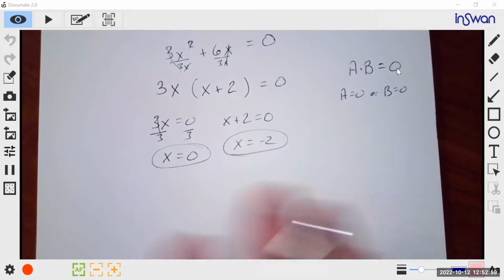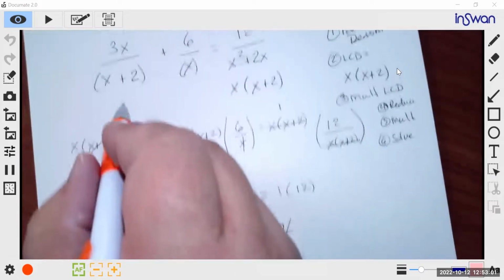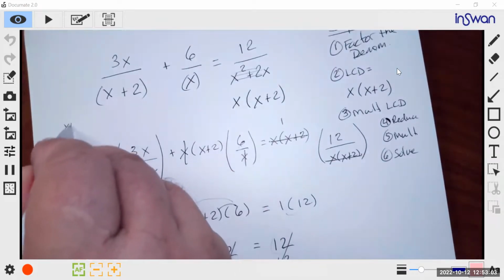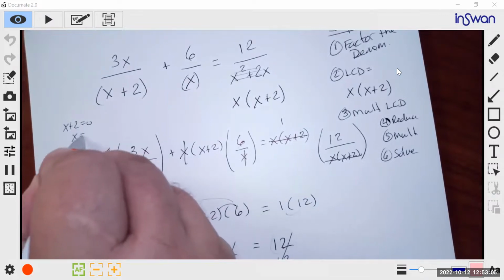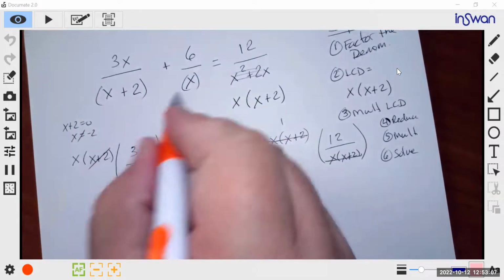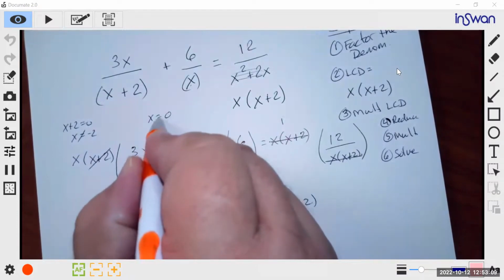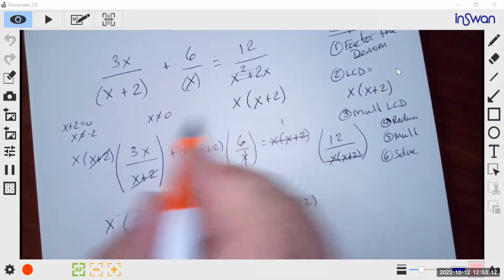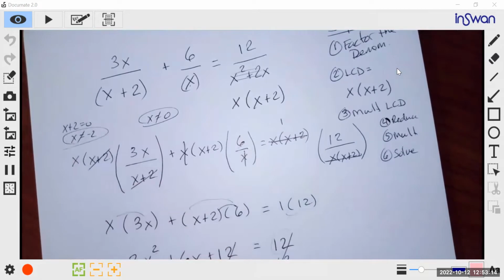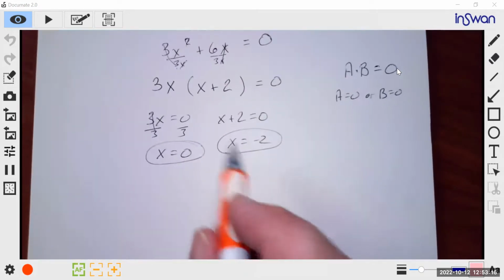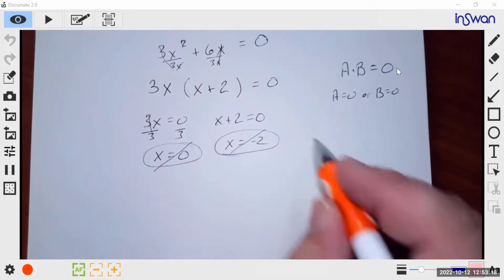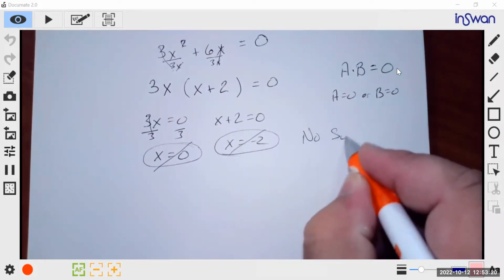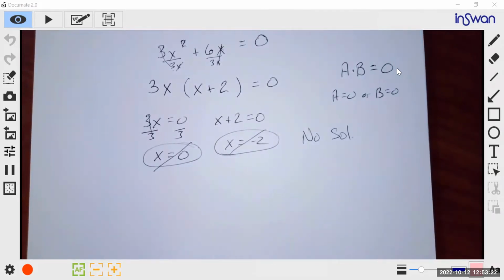Two, right? Take your denominators, set them equal to 0. So I can't use a -2. I can't use a 0. So I cannot use these two numbers. That's both of them. So I have no solution. That's what it means.